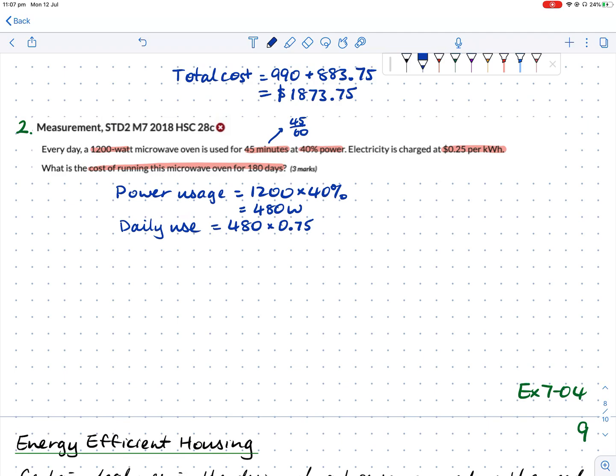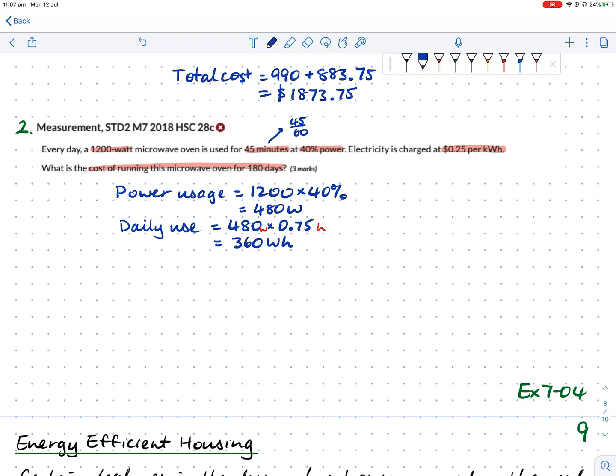So when we multiply that, the daily use is 360 watt hours. Note that we do change the units here, because we have 480 watts and 0.75 hours. It's like you multiply your units together and it turns into a watt hour. So we've got how much we're using every day.